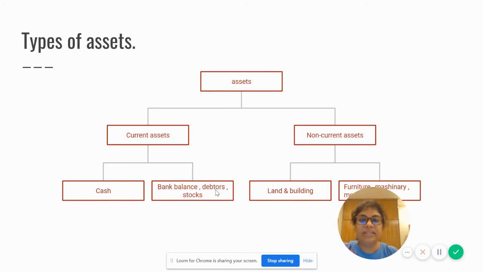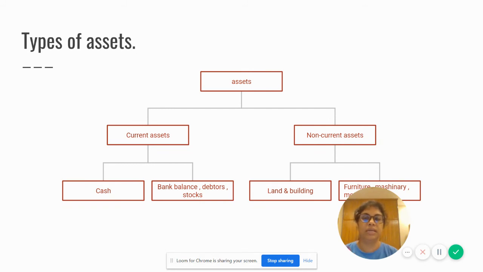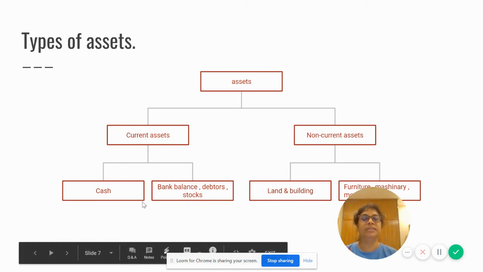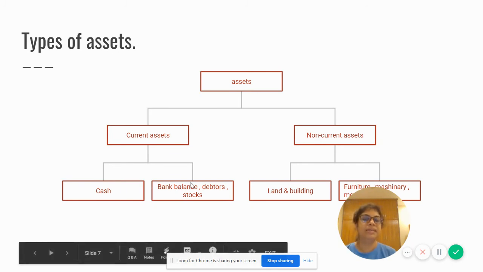Debtors become liquid when they pay. And stocks will be converted into cash only once you have sold them. So the ability of converting assets into cash form is known as liquidity. Cash has 100% liquidity, whereas bank balance, debtors and stocks have a lower liquidity position compared to cash.